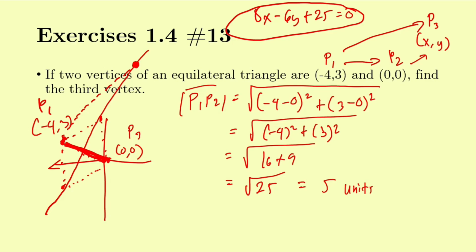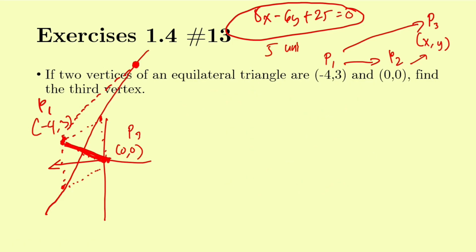So with that information, we can actually get that vertex. We can compute for that vertex coordinates. 5 units long. Okay. Given the distance between P2 and P3, kasi yun yung medyo mas maikli dun sa una, yung meron tayo diba, between P1 and P3 at saka P2 and P3. Let's use P2 and P3 ulit, which has a distance of the square root of x squared plus y squared. Yun na yun.